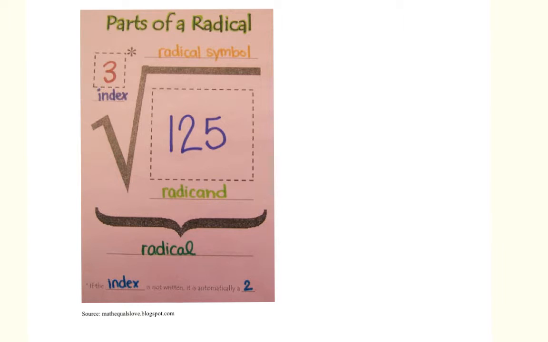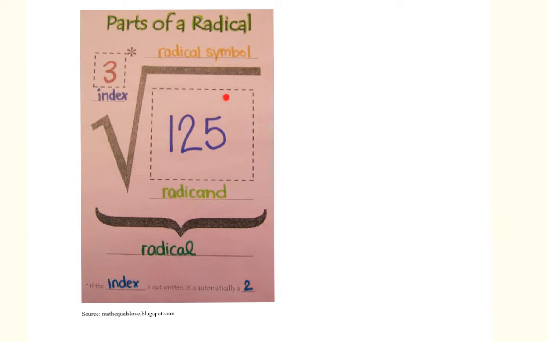In order to read the questions and know what the problem is talking about, knowing the different parts of a radical can be helpful. A radical is this entire problem here with the square root and the numbers. This square root symbol, or cube root symbol, is called a radical symbol.